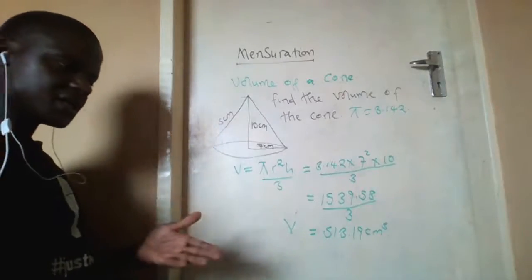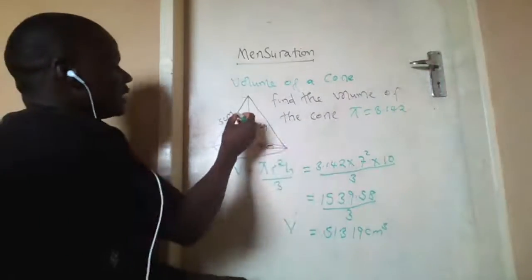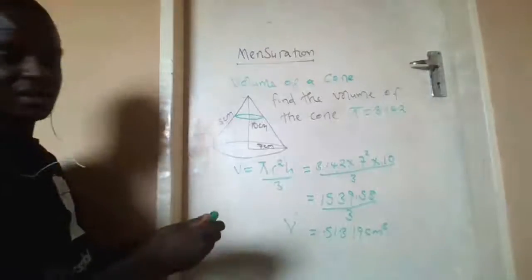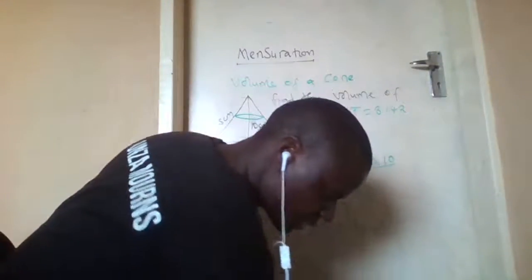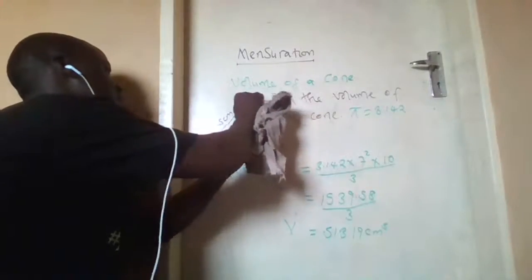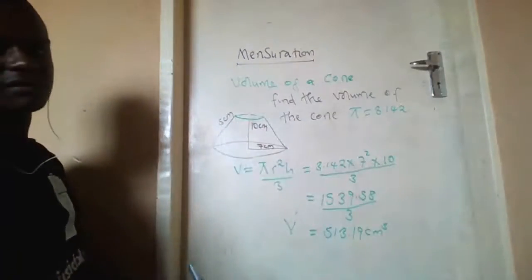But in most cases, when the question comes in an examination, most of the times they remove the top part of the cone, something like that. They will remove the top part of the cone, maybe like this. They'll just give that when they ask to find the volume of a cone.